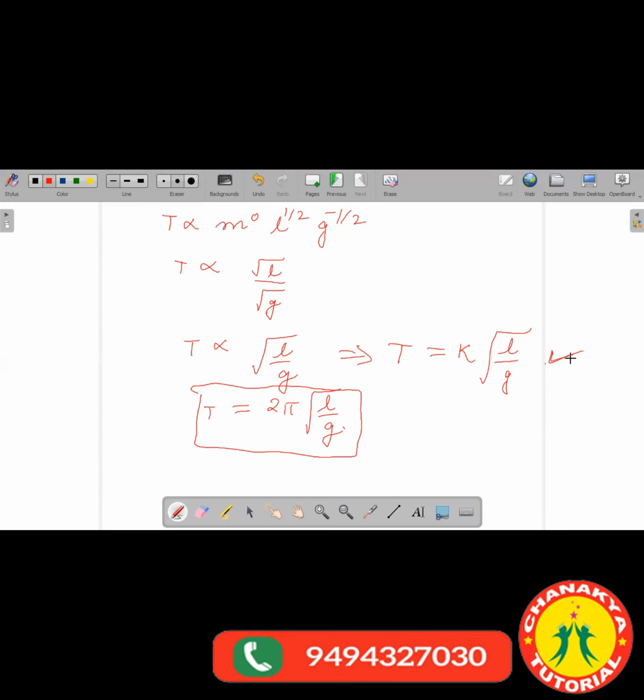Just 1 minute, I'm sharing in your group, and then we'll be solving these questions from the dimensional analysis. You can check your group.